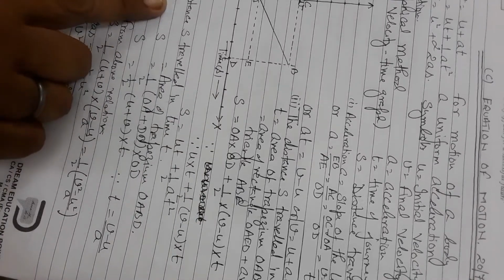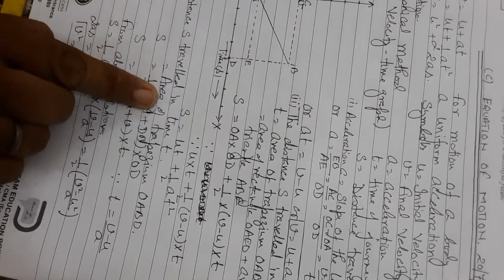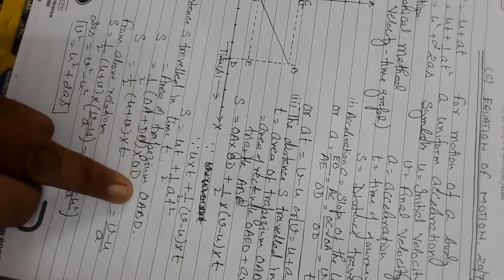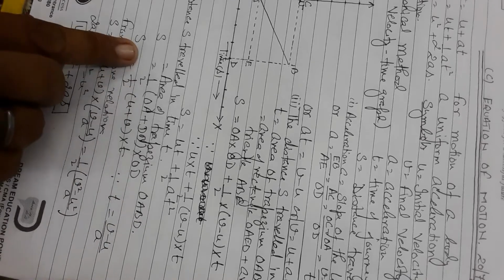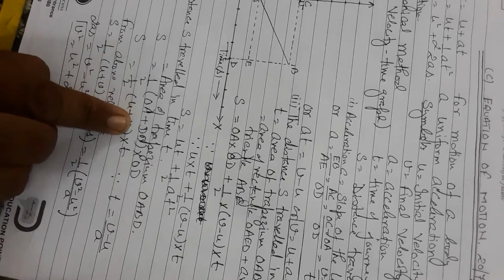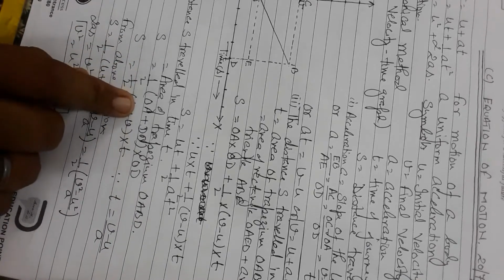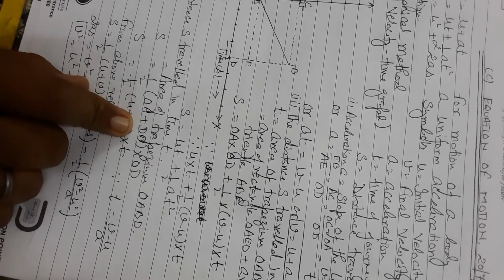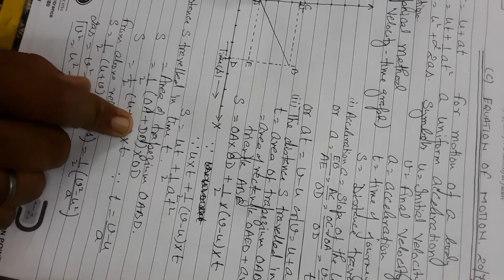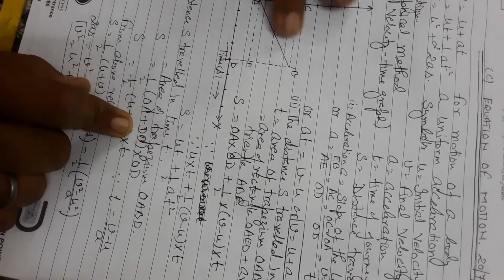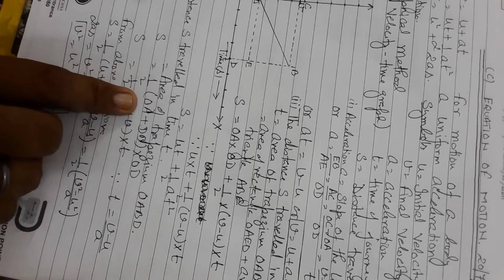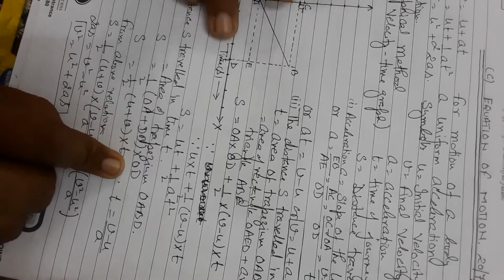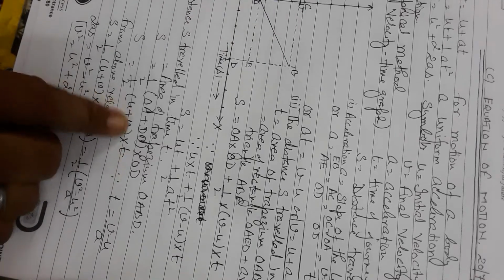Third part, distance travelled in time t is the area of trapezium OABD. S is equal to half of base into height, the sum of parallel sides into height.